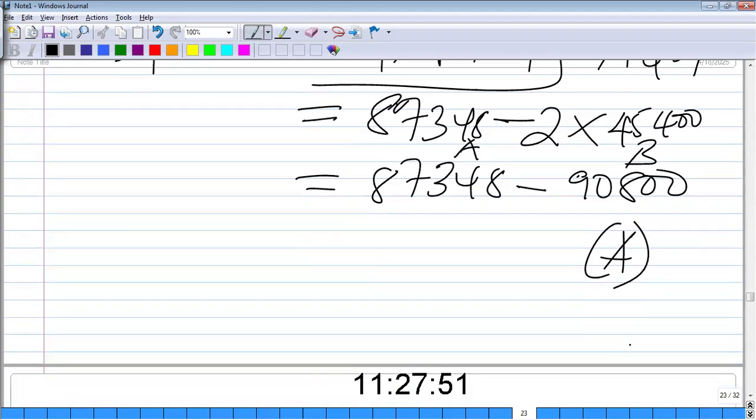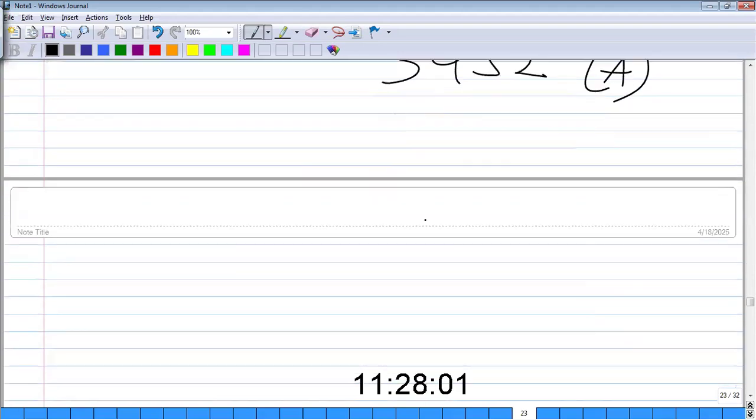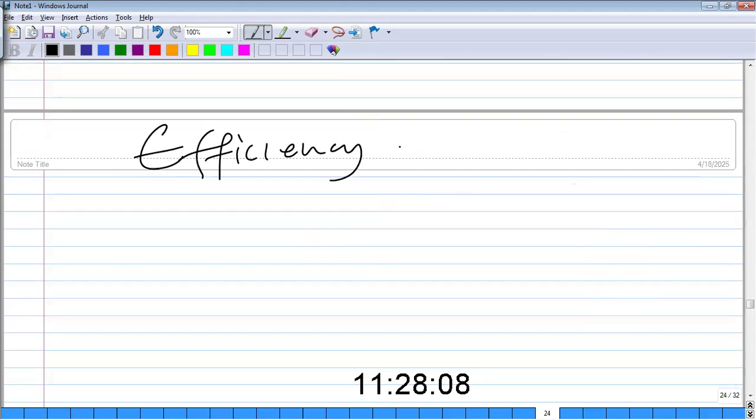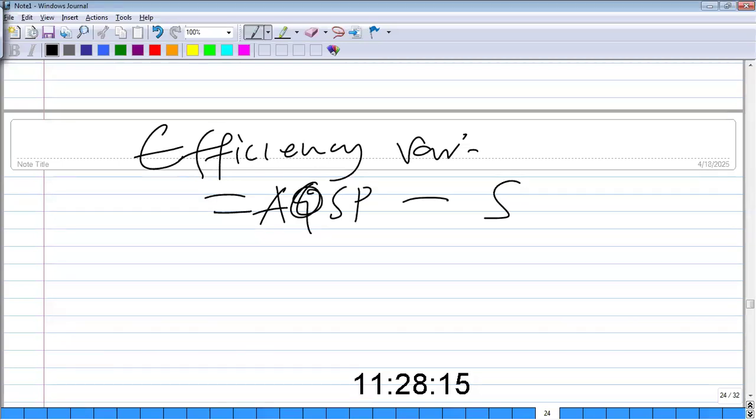3,452. So we move on to look at the efficiency variance. For efficiency variance, we said it is equal to AQ SP minus SP SQ.